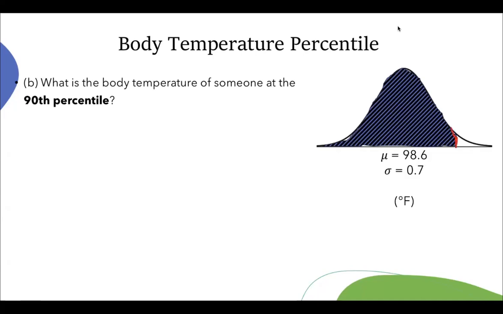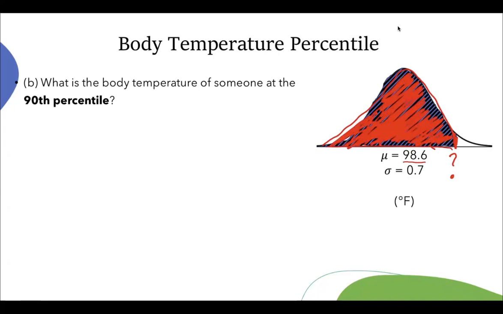And we're shading the bottom 90%. That's everything to the left of this vertical line right here, which is what you're being asked to find. That's going to be a body temperature that's higher than 98.6. Anything that's at a high percentile is going to be greater than average. Any higher percentile than 50, the 50th percentile, is going to be more than average.